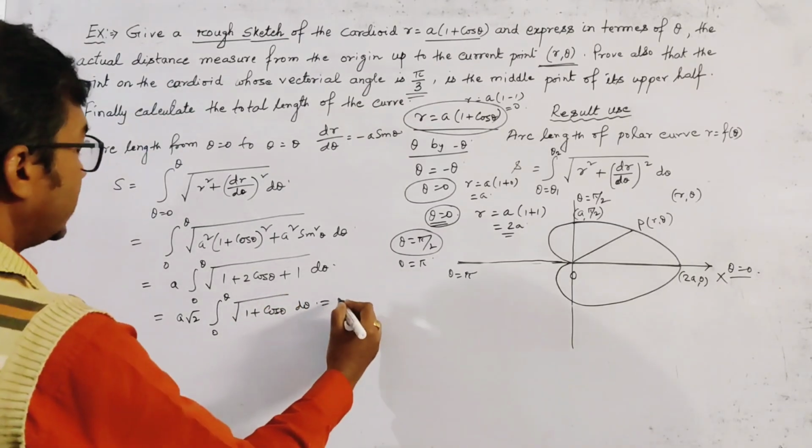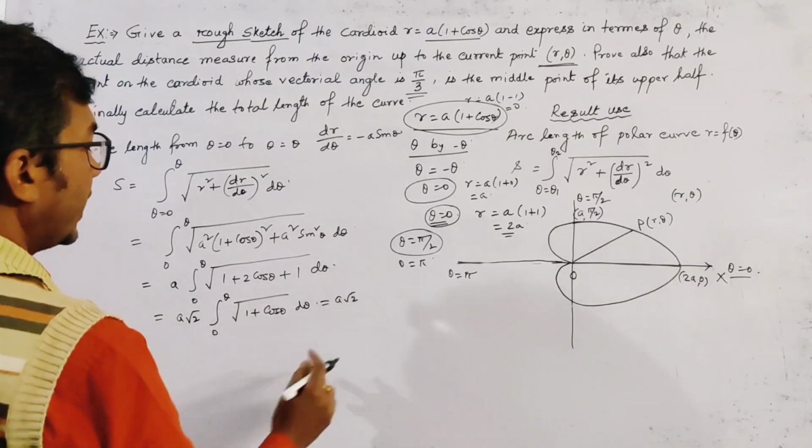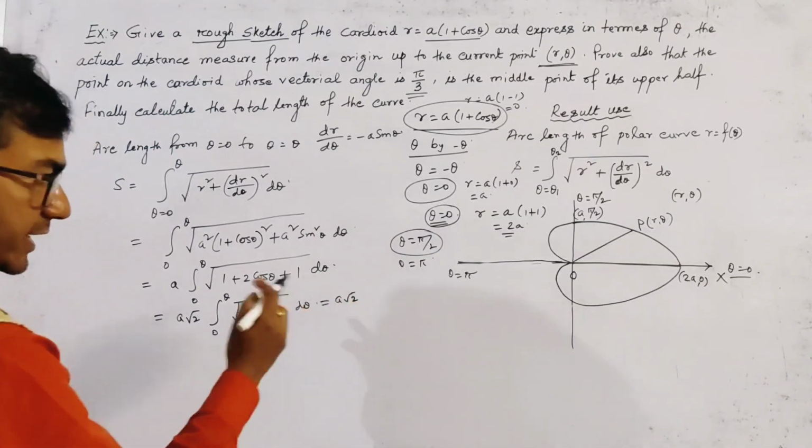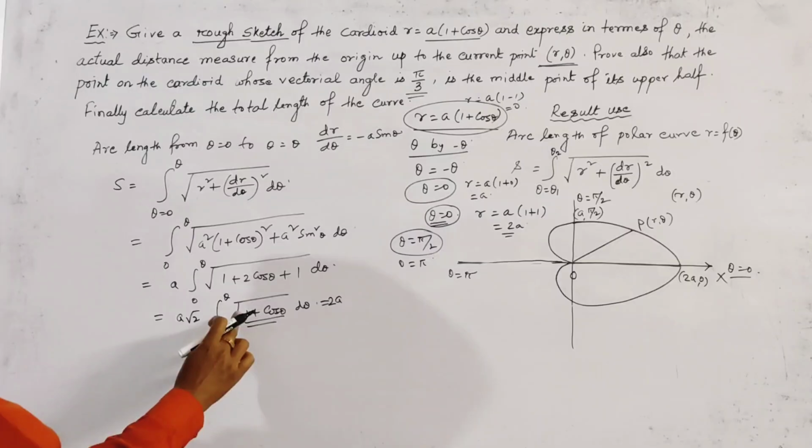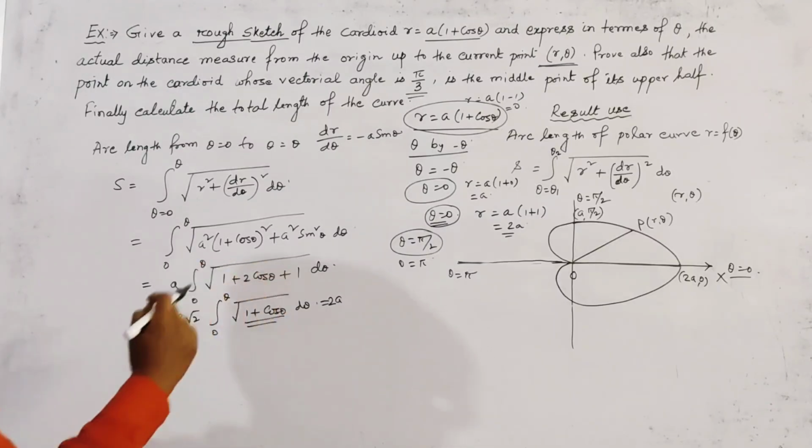Getting a root 2, and from this relation we get another root 2, so we get 2a, because the formula is 2 into sin square theta by 2.